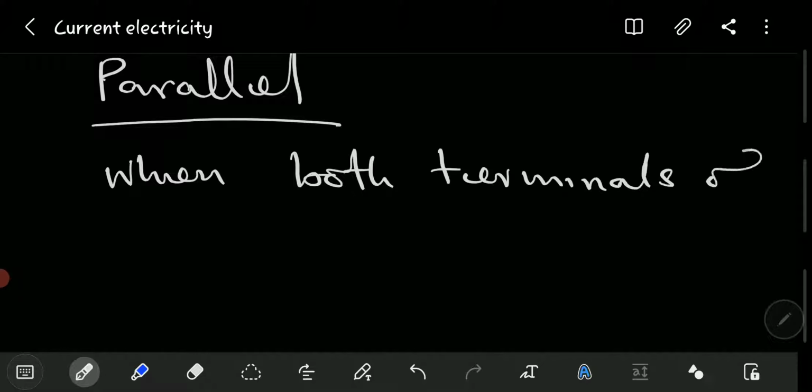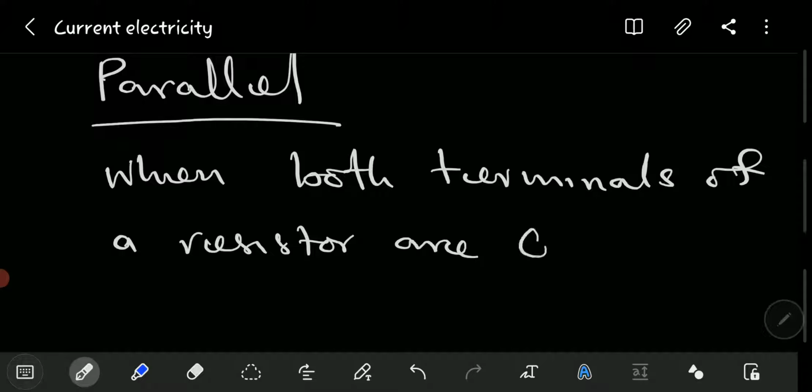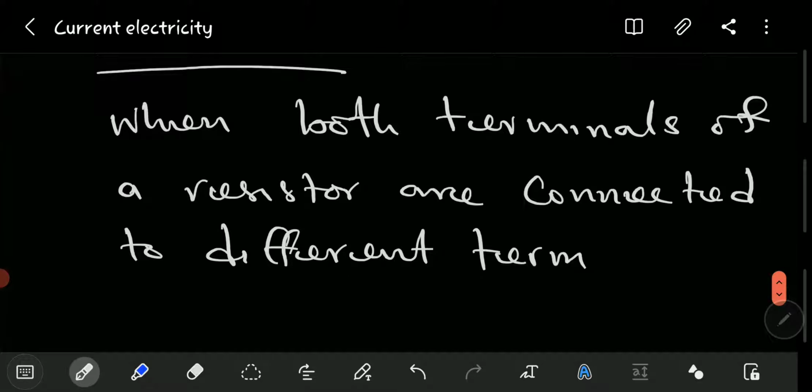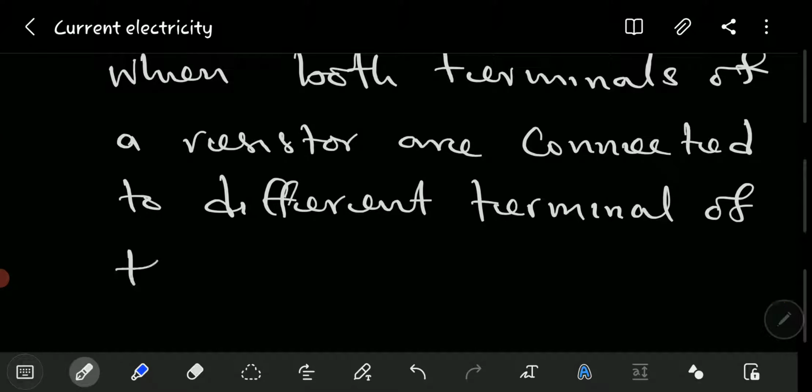Now, when are resistors connected in parallel? Resistors are connected in parallel when both terminals of a resistor are connected to different terminals of the same circuit component.